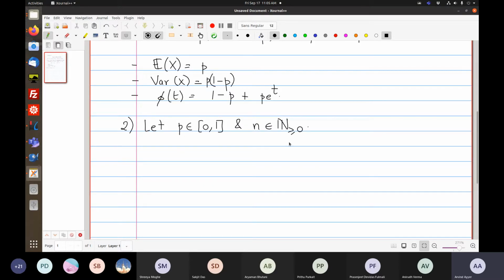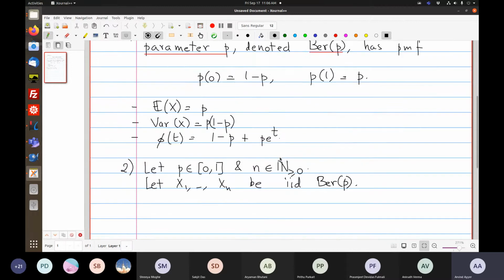These are our fixed parameters for the next important family. So let X1 to Xn be IID Bernoulli p random variables.